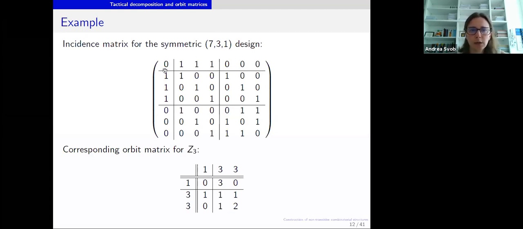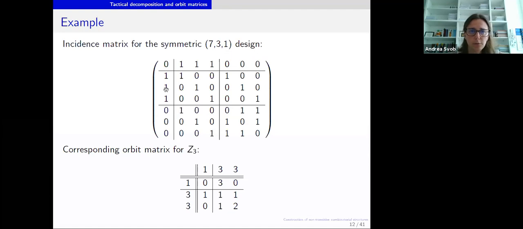We are counting how many points are incident with this block from the partitions of the points. So here we don't have any. Then here we have 3 points from the second partition of the points. And here we don't have any point. The same is for this second row.